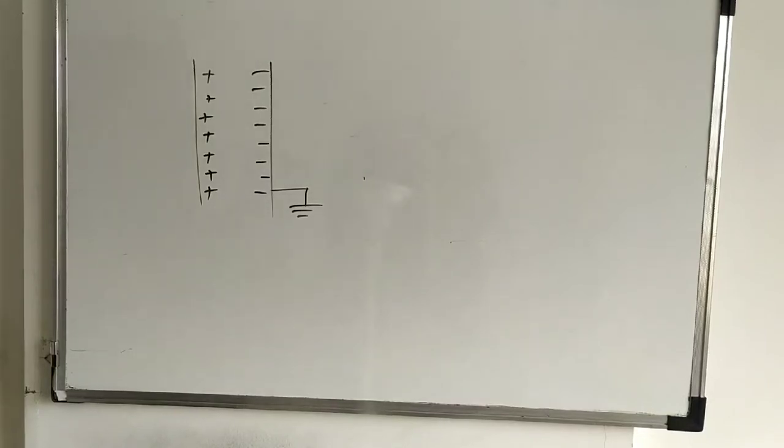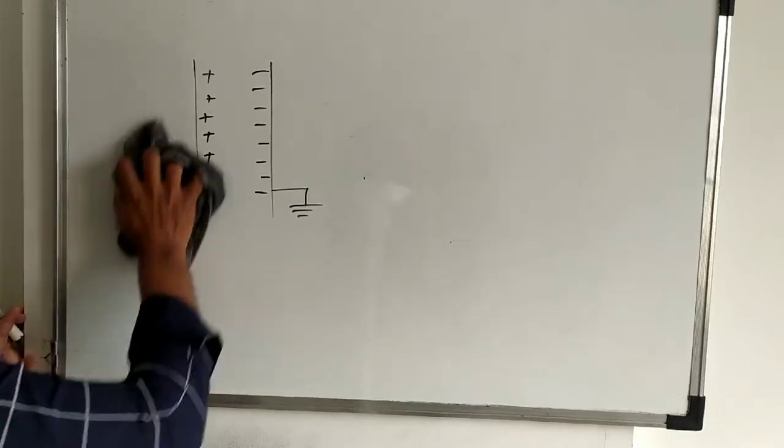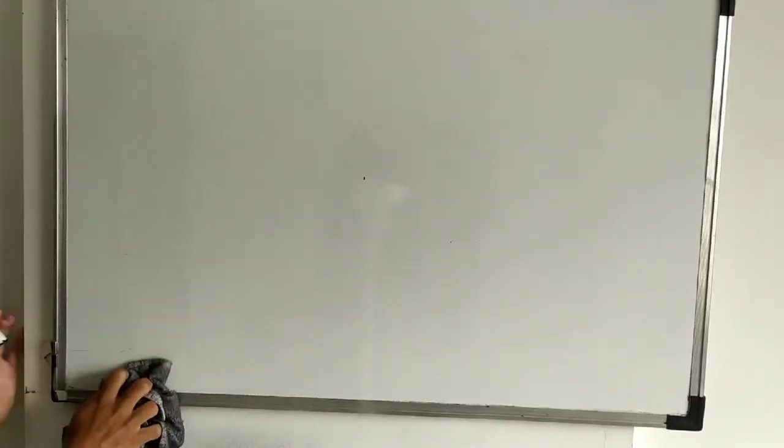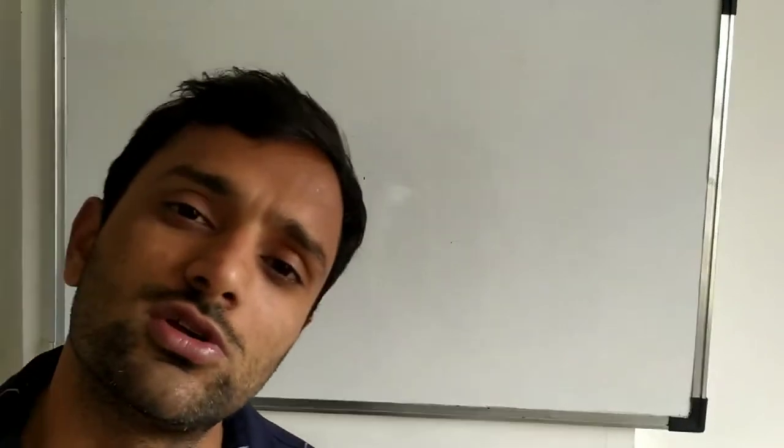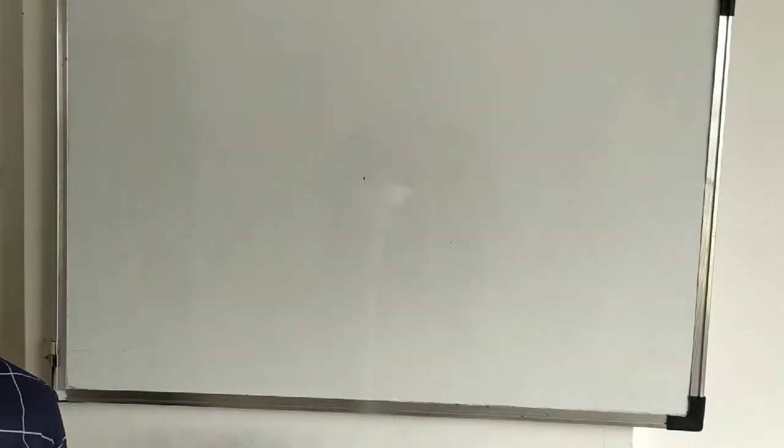If we connect this capacitor to the AC circuit, then what will happen? These capacitors are used to store charge, to store energy, to store the potential difference. What will happen if we connect the AC circuit to a pure capacitor?